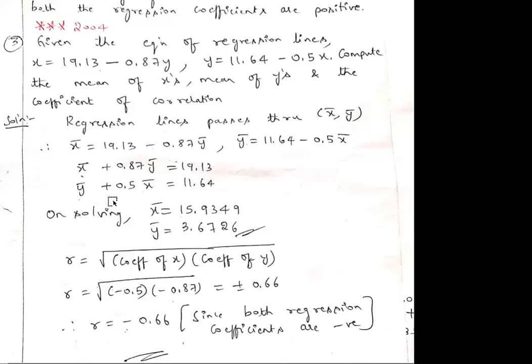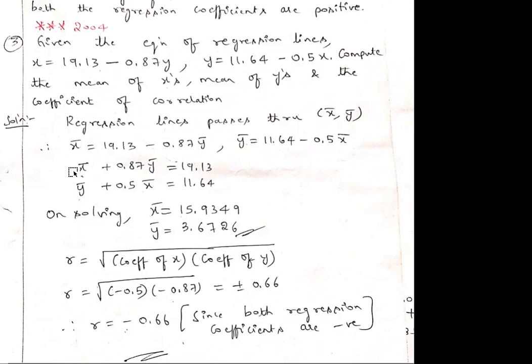Now these two are simultaneous equations. You can use your scientific calculator and find out the values of x bar and y bar. You can just go to equation mode and enter these values. This is of the form ax plus by is equal to c. It will ask you a1, a2, b1, b2, c1, c2. Just replace all the values as I've taught you in the class.